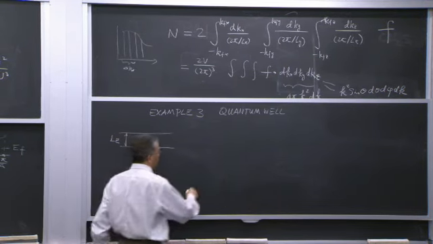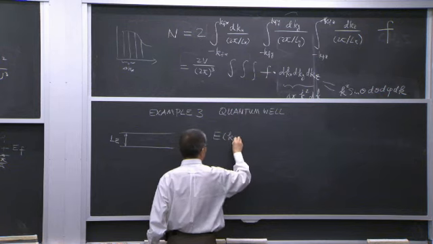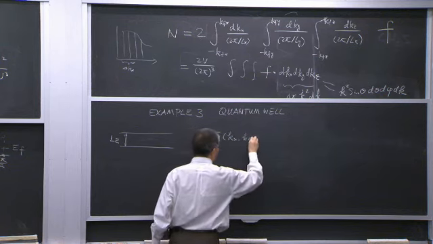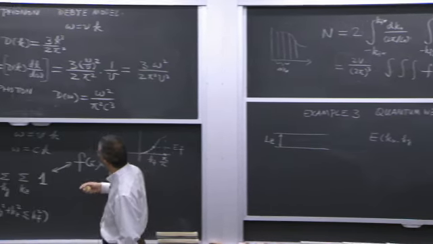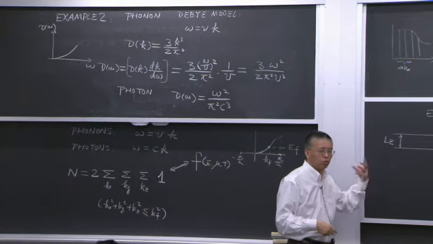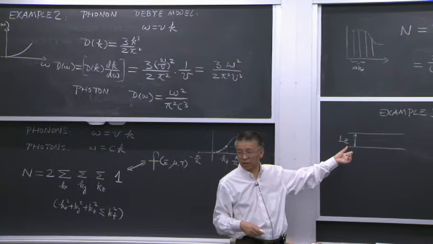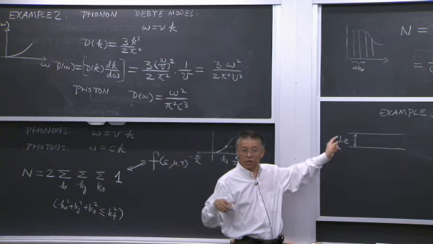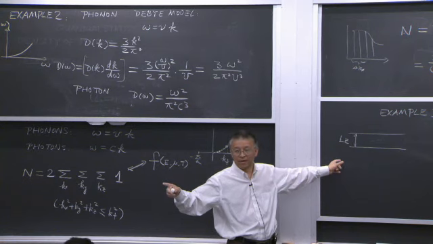So my energy relation will be kx, ky. In the xy direction, I have discrete points as we had before, with separation 2 pi over Lx, 2 pi over Ly. But my Lx, Ly in the xy direction are millimeters.